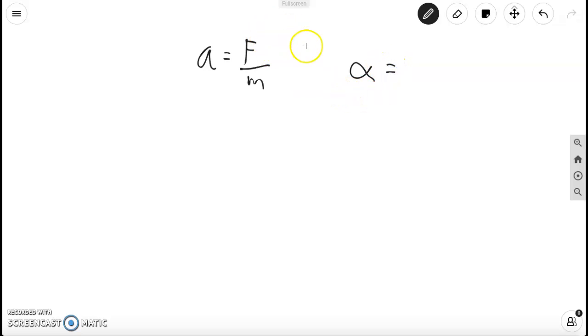Instead of force, remember that the force is only going to be as effective as the ability for the force to cause motion, and that effectiveness is measured in torque. So you could have a strong force, but if it's not applied correctly, then it's not going to do anything. So in this case, instead of force, we're going to use torque.